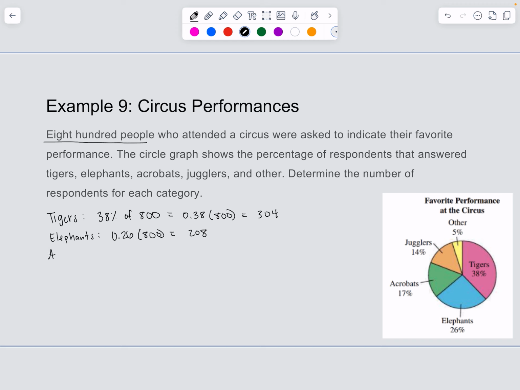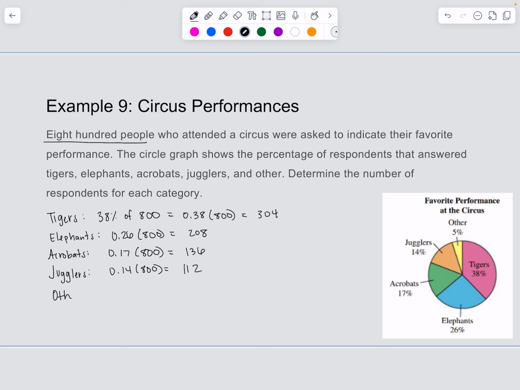The acrobats: 17%, 136 people. The jugglers: 0.14 times 800 gives us 112.